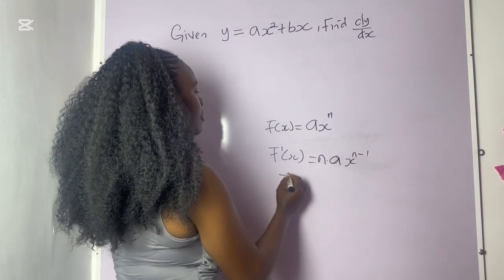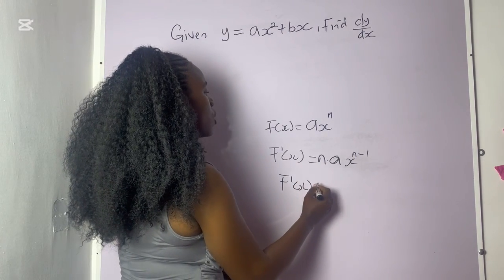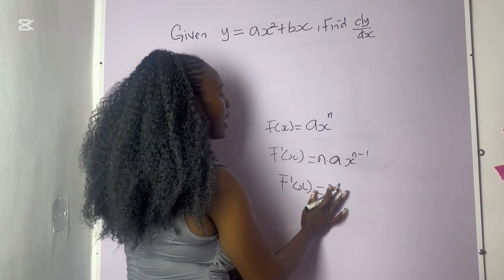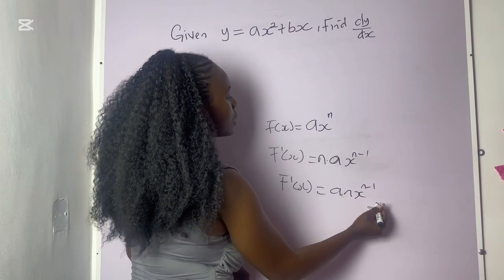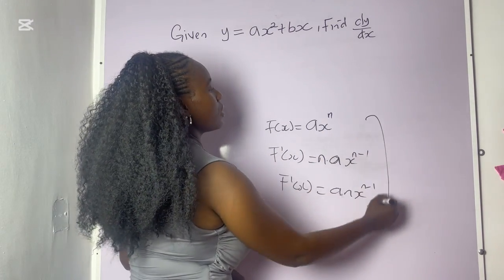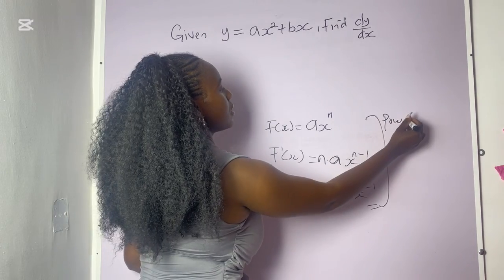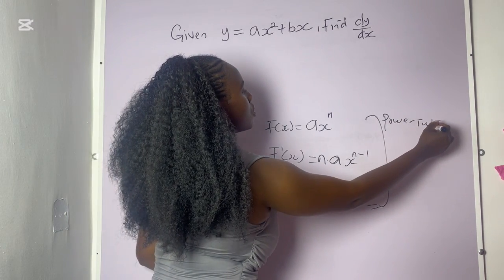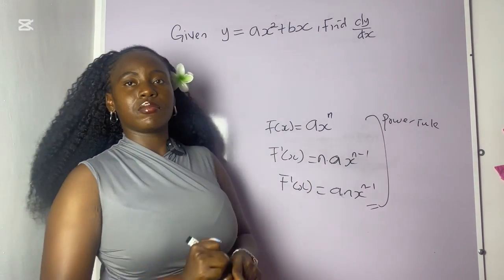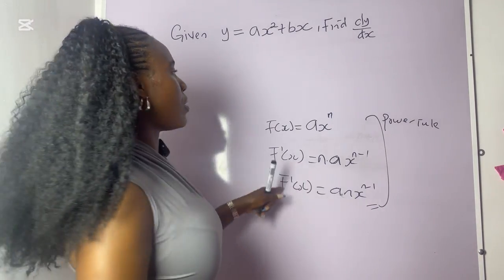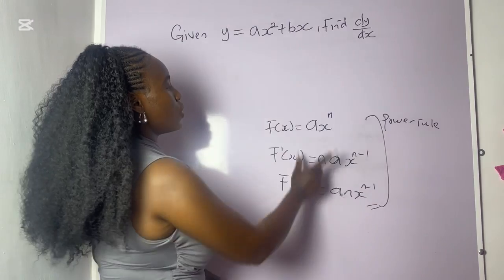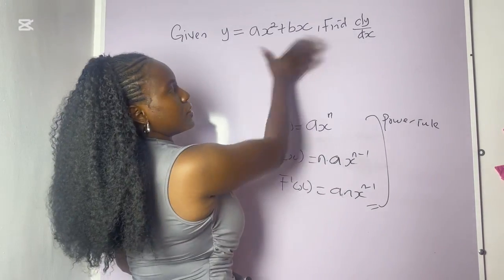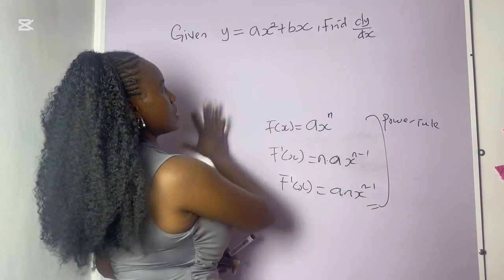Now, this f prime of x will be anx to the power of n minus 1. This is what is called the power rule of differentiation. This is the power rule of differential calculus. Okay, good. Now we're going to use this power rule to solve this.